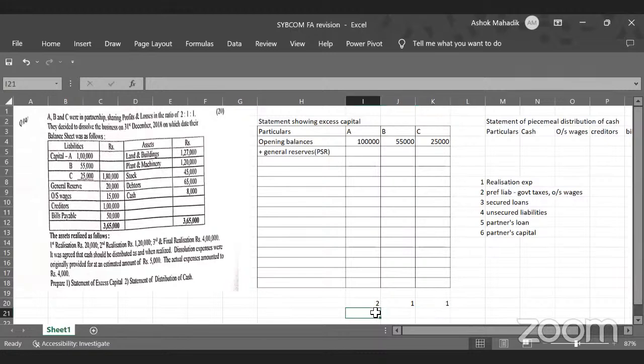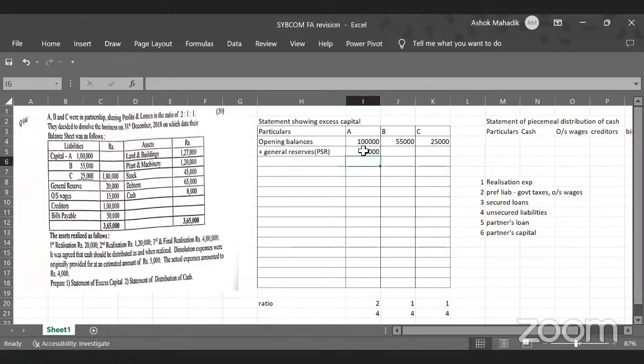Out of those 4, A is getting 2, B is getting 1, and C is getting 1. So this itself is the ratio. In this ratio, we have to distribute those 20,000. So 2 by 4 means half. Out of 20,000, 10,000 will go to partner A.